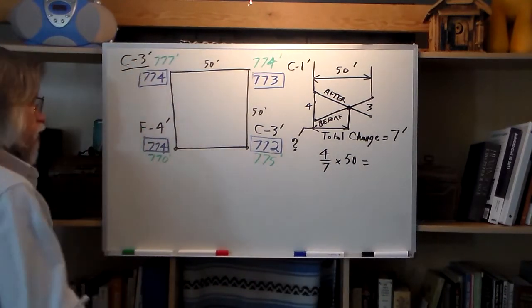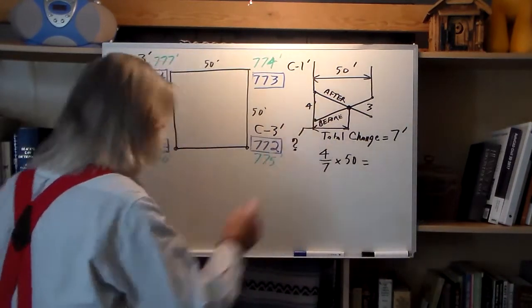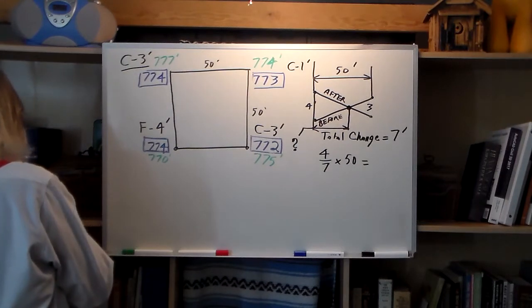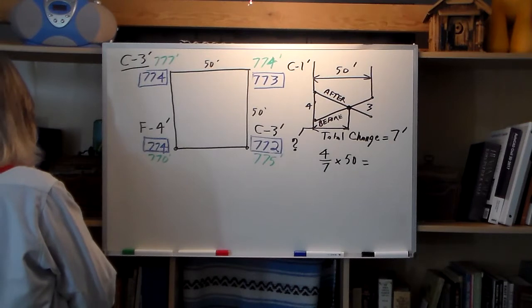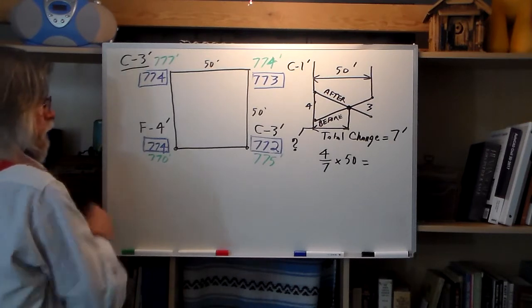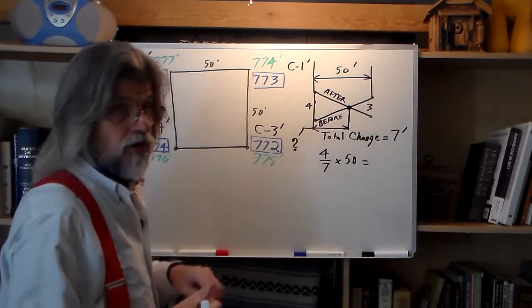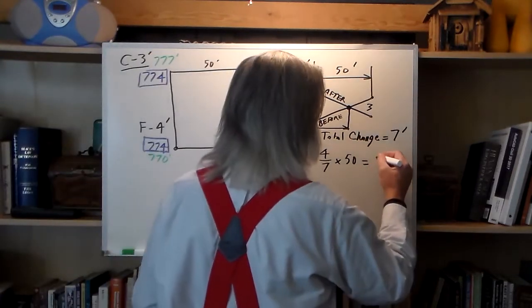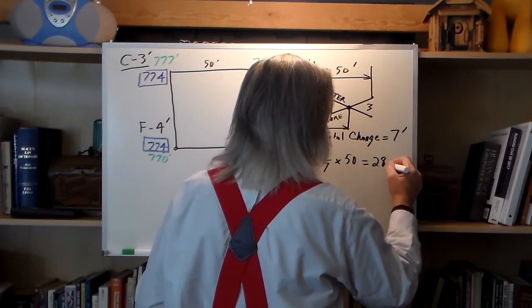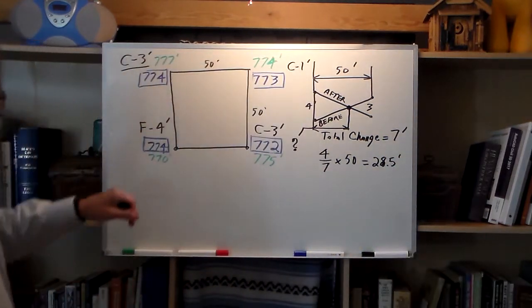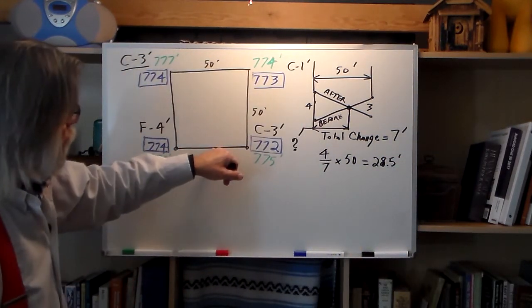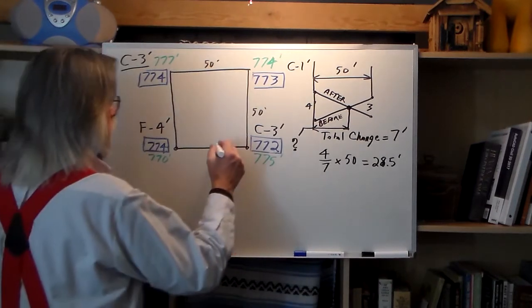So, through the magic of my calculator, we're going to round to the nearest half a foot. We're going to say 28.5 feet. 28.5 feet from this end to our grade point.